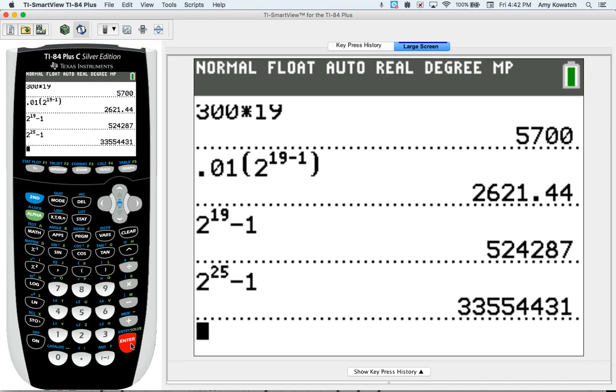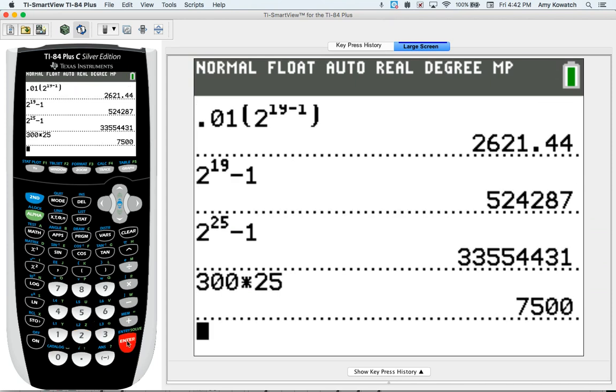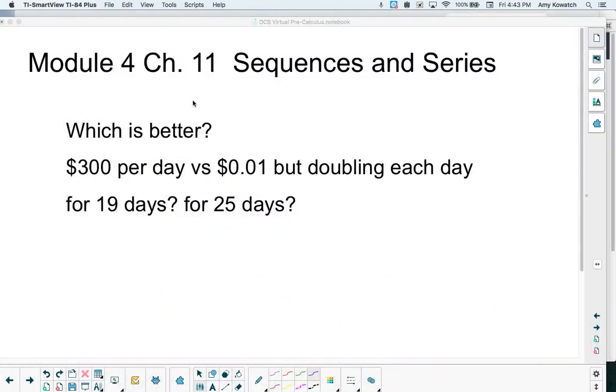And that many pennies would be $335,544.31 as opposed to the 5,000. That's just crazy. Like, nobody does that. Versus $300 times a whopping 25 days, which is still a lot of money. Okay, but that's only $7,500. So you can see the power of doubling, or the power of exponential.